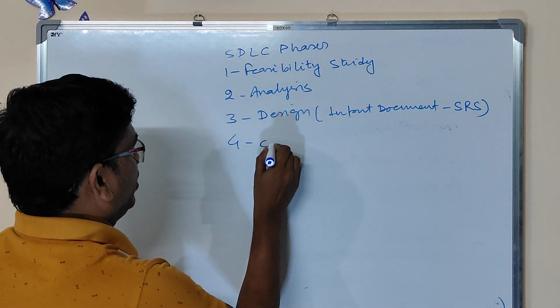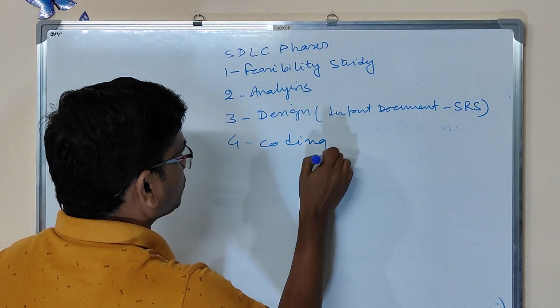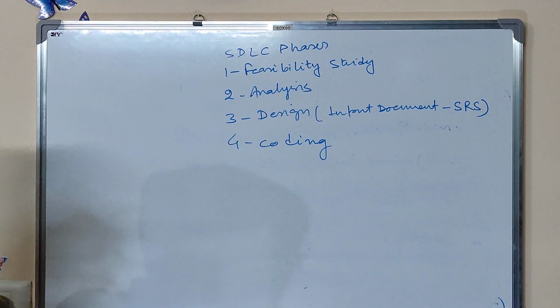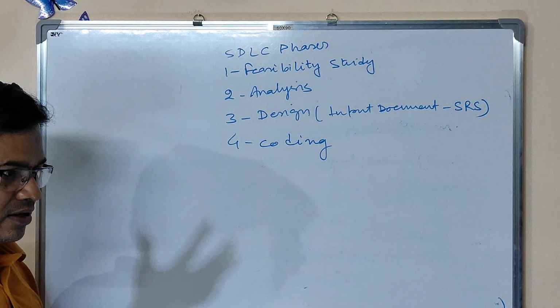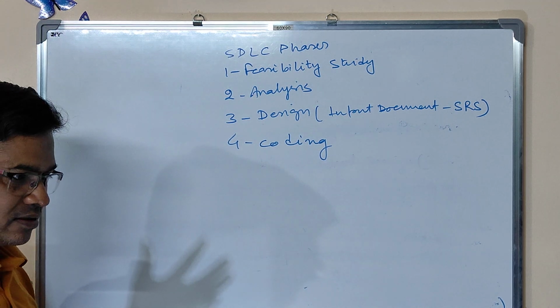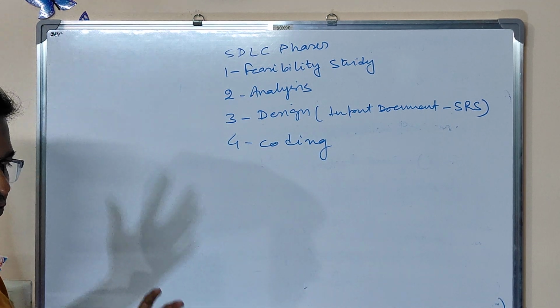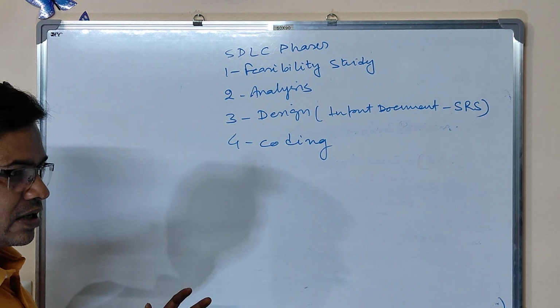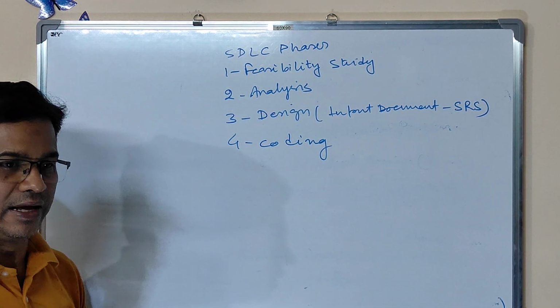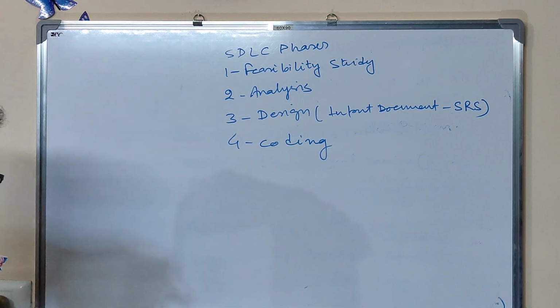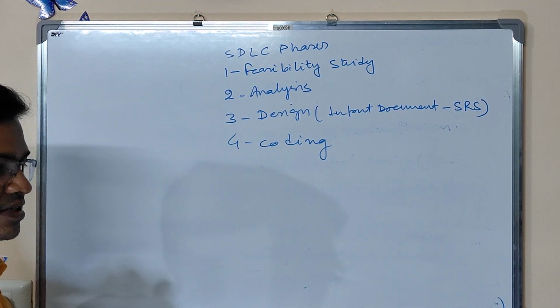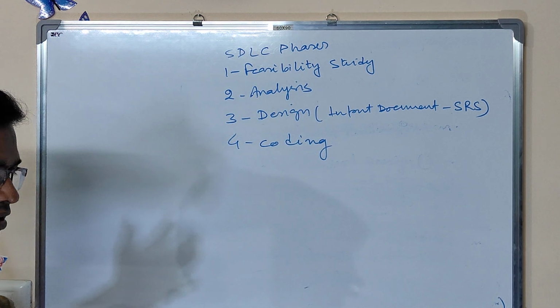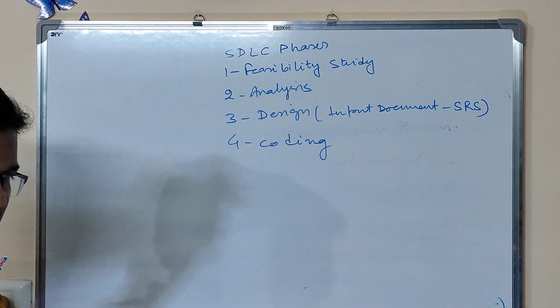Fourth is coding. So what happens? Now the application contains a defined number of modules, and those modules contain all the related information, like data structures, tables, database and other information.